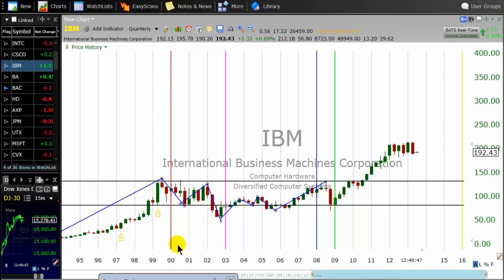The most recent market cycle points you need to know: in 2000, the tech bubble; 2003, commodity super cycle; 2008, real estate bubble or financial crisis; 2009, money printing that continues up to now. We are expecting, in my view, another market cycle point in 2016, that remains to be seen.